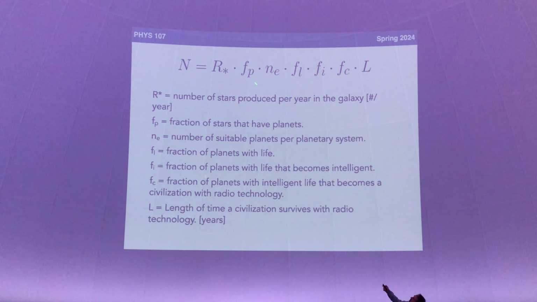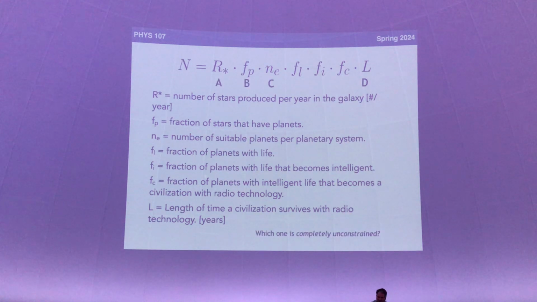The fraction of those that have planets, the number of suitable planets for the planetary system, so the ones in the habitable zone, the fraction of those that will have life on it, the fraction of those that will have intelligent life on it, the fraction of those that will have civilization on it, radios, and then the length that takes. And so that gives us a total number in our Milky Way of civilizations to talk to at any given time, who are online.